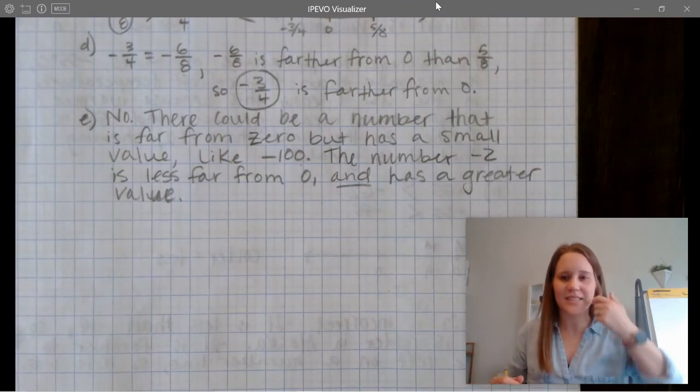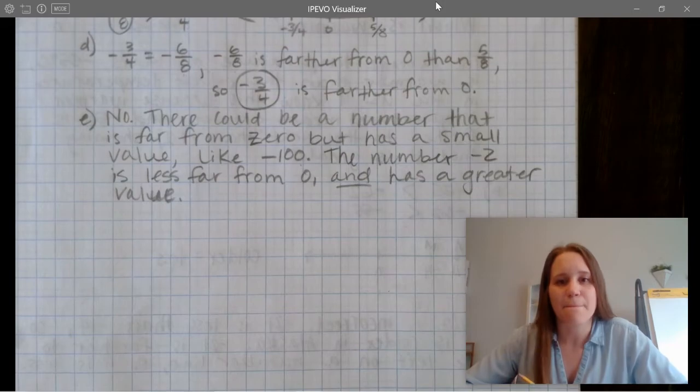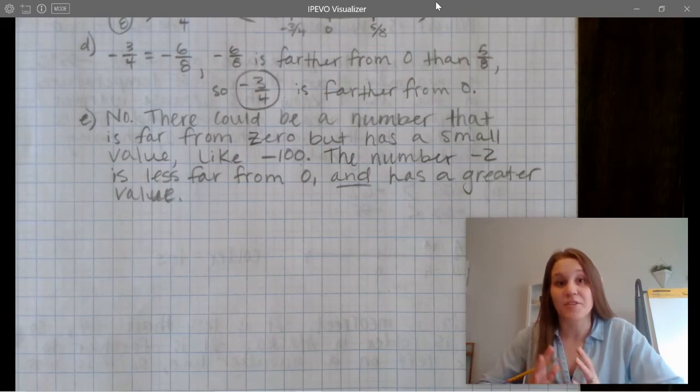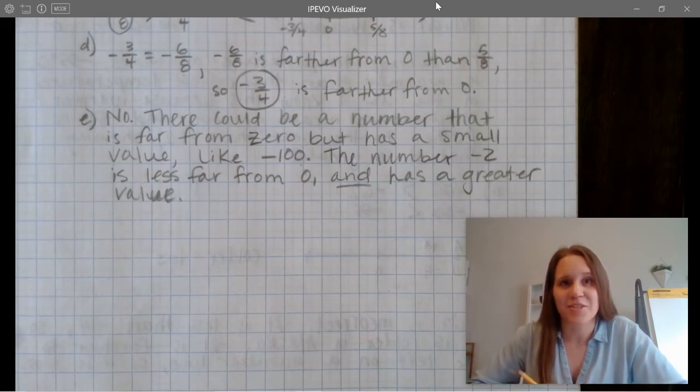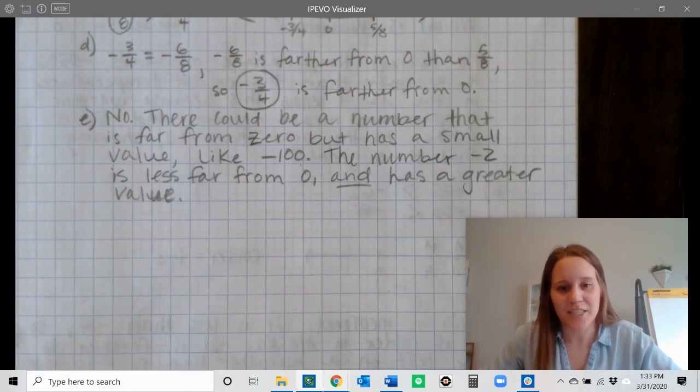So it's not necessarily true that things that are farther from 0 are greater. Far from 0 is different than greater and less. Remember, greater means farther to the right, and less means farther to the left. Awesome. Let's do a quick summary, and then we're good to go, team.